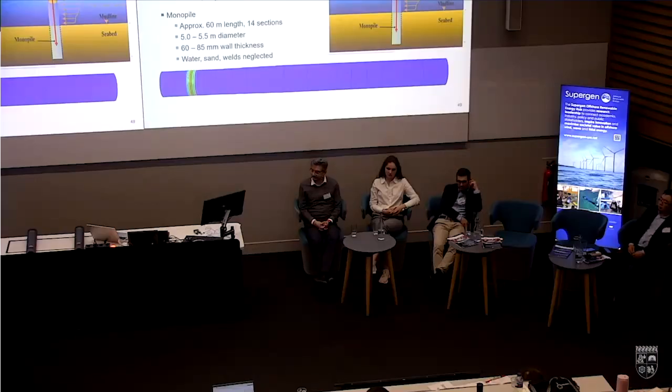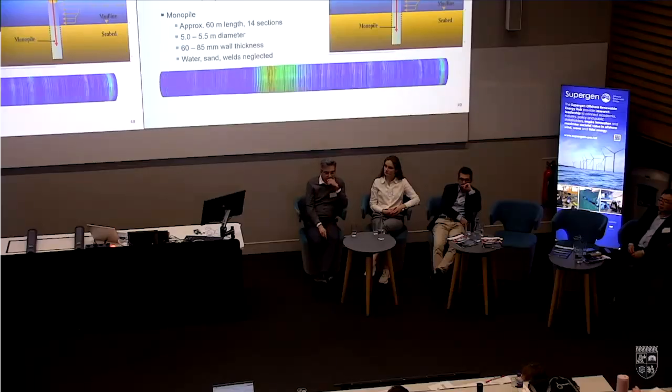If we have a look, we excite our guided wave at the top of the monopile, and we can see it propagating downwards along the monopile. Especially where we have thickness changes between the different sections of the monopile, we do get some reflection, but we can see that we have quite a significant pulse propagating all the way down the 60 meter length and back up to where our sensors would be located.